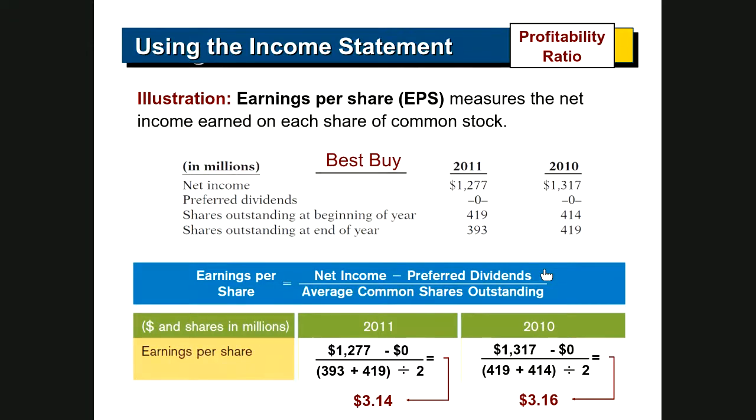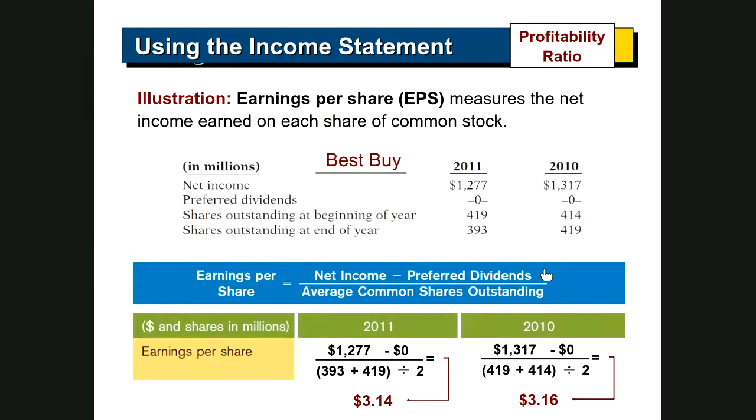We don't want to get into too much detail, but suffice it to know that preferred dividends are those dividends given to preferred stockholders, and they may be paid when common stockholders are not paid anything.